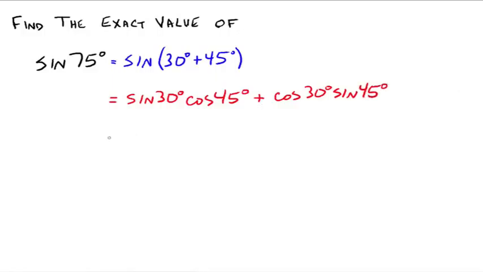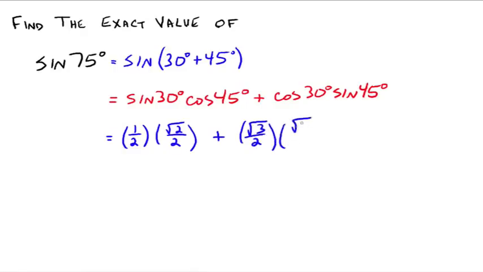So what's the sine of 30 degrees? The sine of 30 degrees is 1/2. Cosine of 45 degrees is the square root of 2 over 2. And then the cosine of 30 degrees is the square root of 3 over 2. And the sine of 45 degrees is the square root of 2 over 2 again.